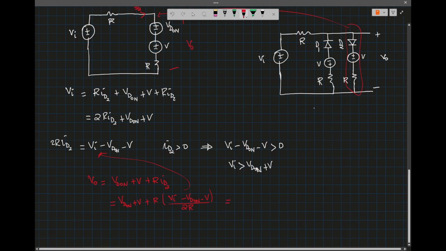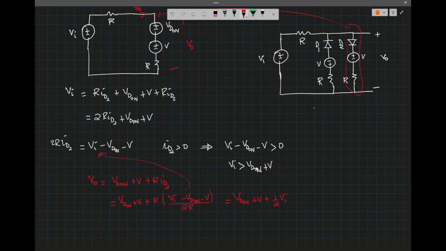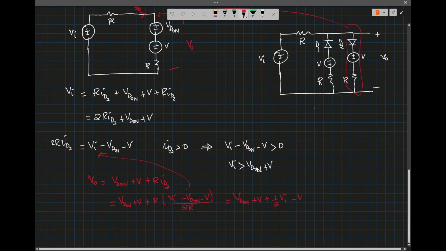That gives me VD on plus V plus half VI minus VD on over 2 minus V over 2.